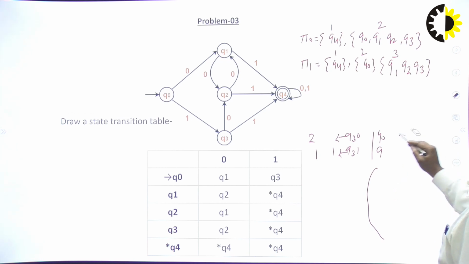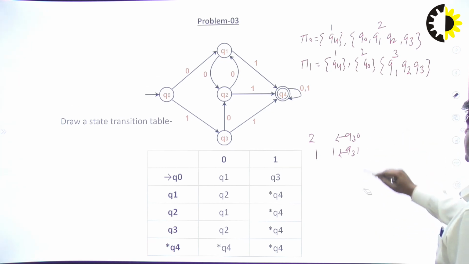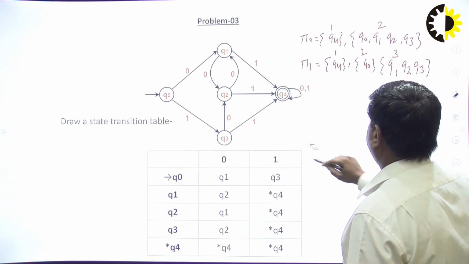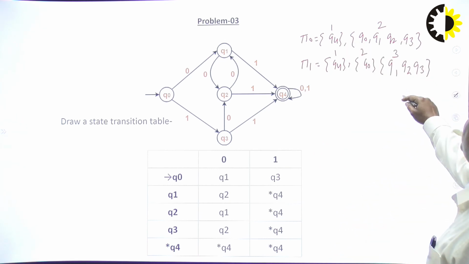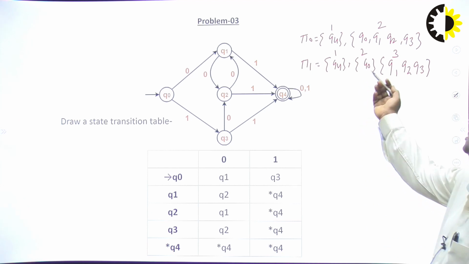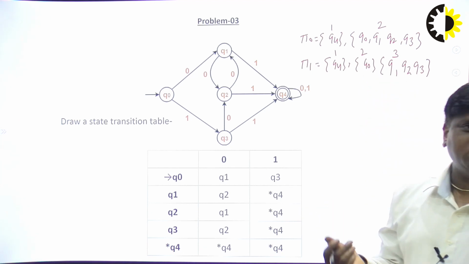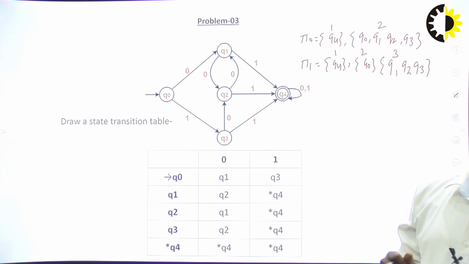We check with the same process. We check the transition function of Q1, Q2 and Q3, because Q0 is a single state and cannot be minimized further.